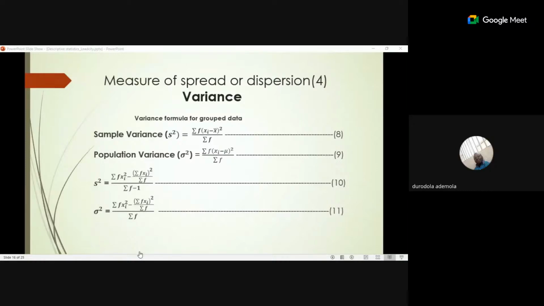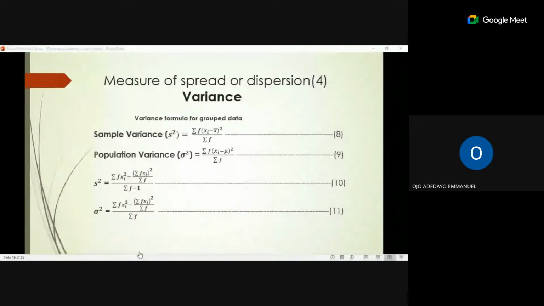The mu is the population mean. It's still the same process. The way you normally calculate your mean, summation fx over summation f. But this time around, if the question is telling you to assume population for this data, that means that you are going to use mu, which is the population mean. Did you get that, please?